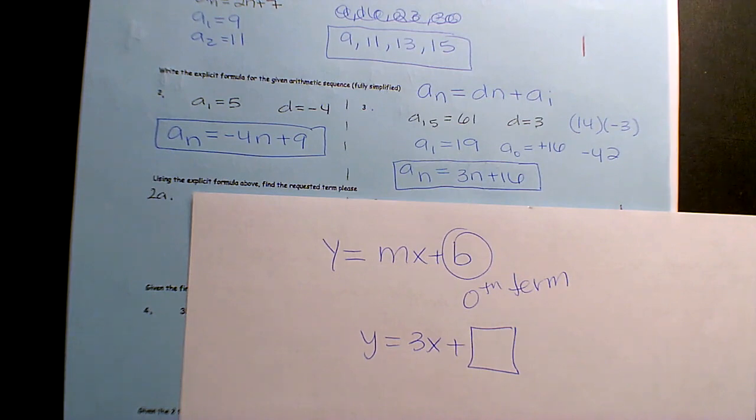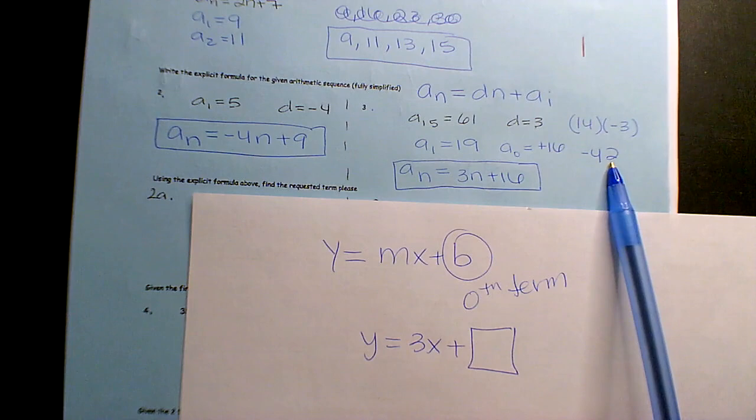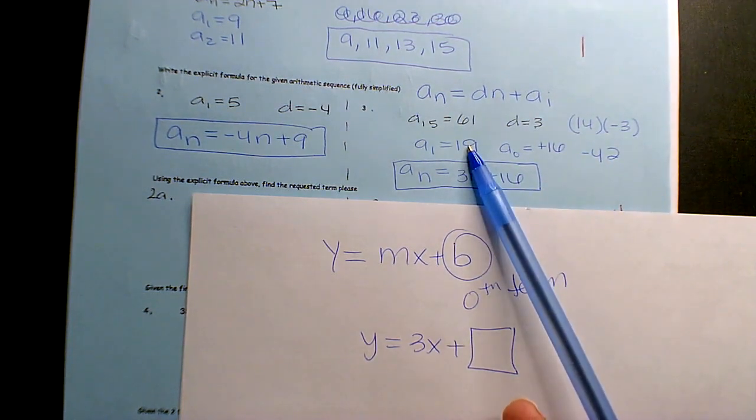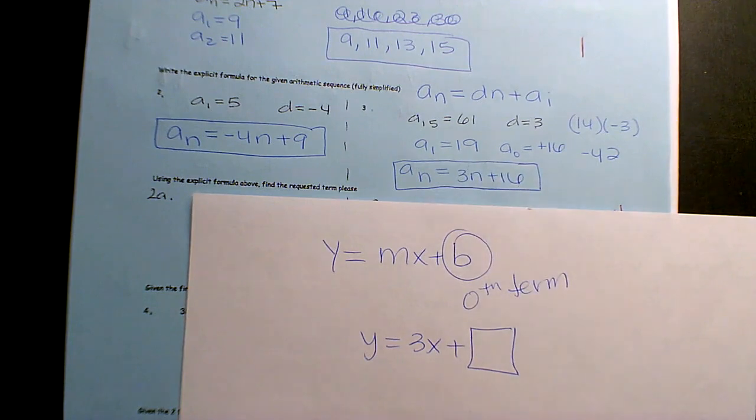And so that's why 14 times negative 3 gives you negative 42. So then what is 61 minus 42? But then you have to go 1 more back. So 19, subtract 3, that's your 16. If you guys are going to do explicit form for arithmetic sequence, you have to get your y-intercept, which is your 0th term, which means you have to be able to go backwards.